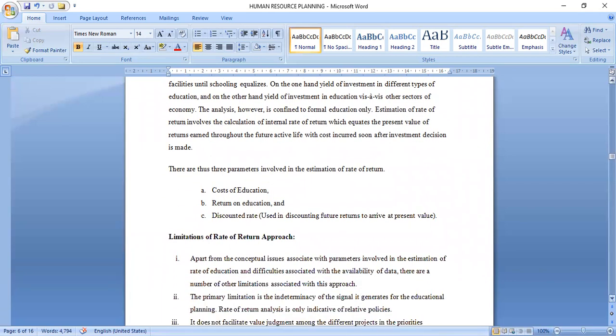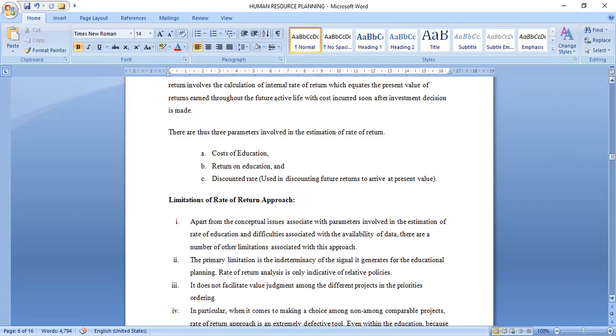So of course, at the end of the day, with the rate of return approach, we are basically looking at how these educated citizens are contributing positively to the government or to the country.